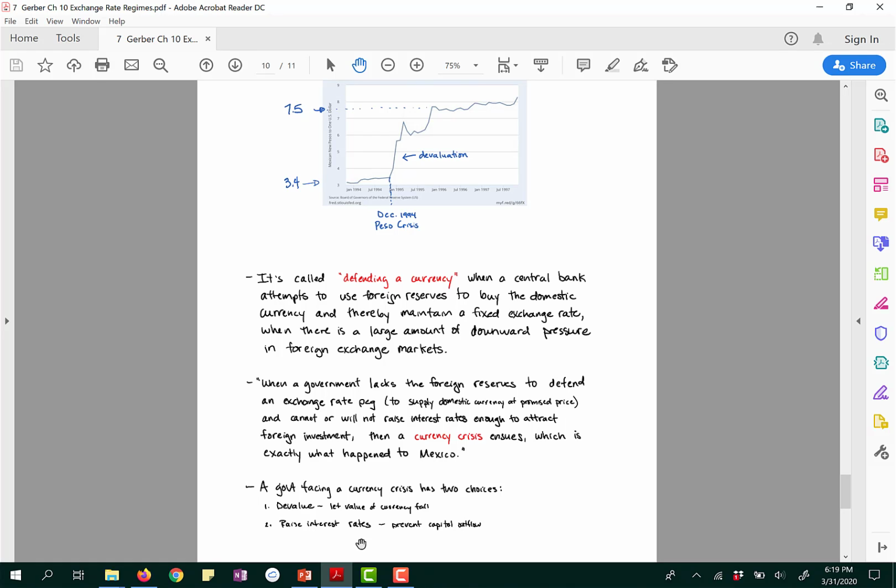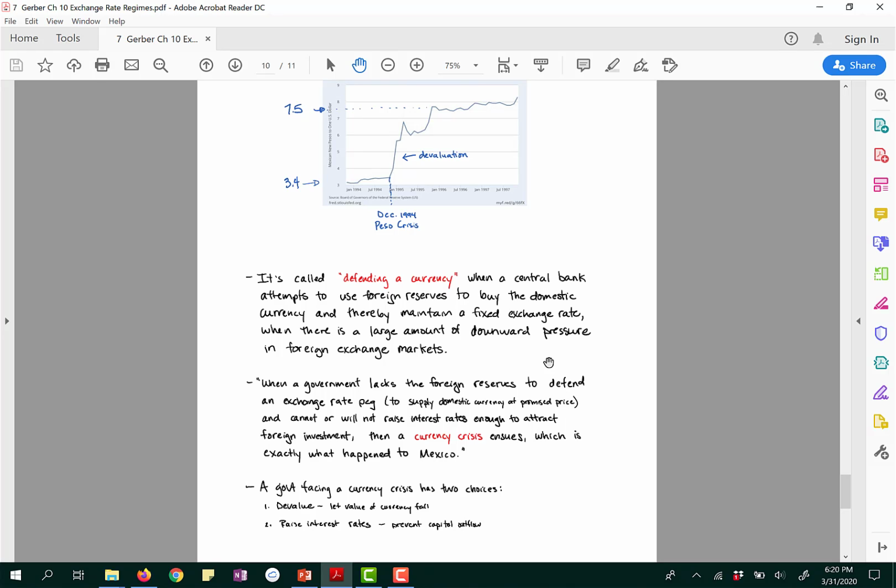They can also try to raise interest rates in the meantime to prevent the capital outflow and therefore prevent the depreciation. It's called defending a currency when a central bank attempts to use foreign reserves to buy the domestic currency and thereby maintain a fixed exchange rate when there's a large amount of downward pressure in foreign exchange markets.